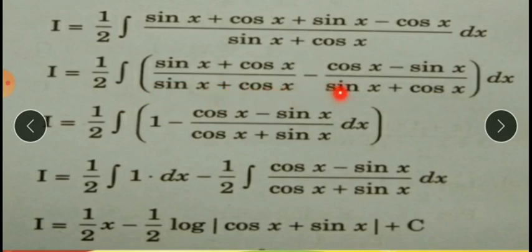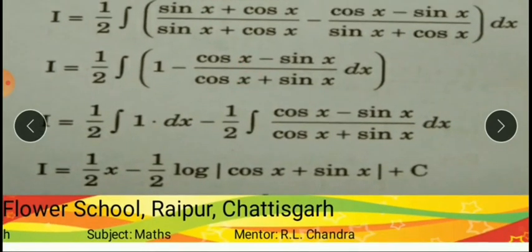And the second part is as it is. Now separating the terms, I is equal to 1 upon 2 integration 1 minus 1 upon 2 integration of the second part, cos x minus sin x upon cos x plus sin x. I is equal to 1 upon 2 integration 1 is x, minus 1 upon 2.